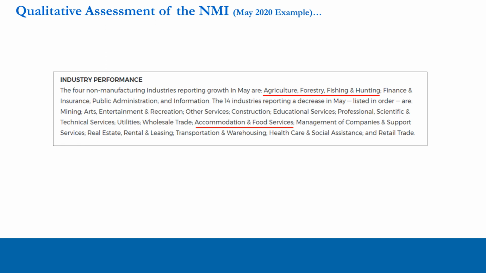And that was agriculture, forestry, fishing and hunting as an industry, finance and insurance, public administration, go figure, government and public administration services and companies servicing government were obviously doing well at that time, and information. There were 14 industries that were reporting a decrease in business activity or industry performance at that time.